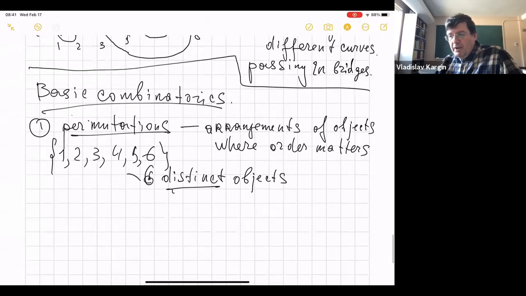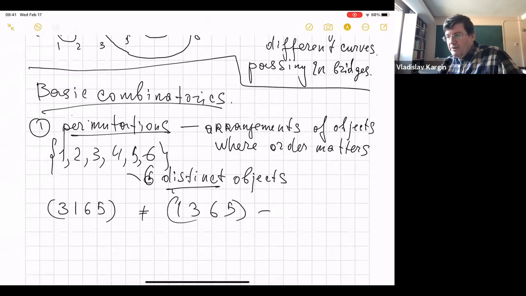Now we are looking at permutations of 4 of them. That means 3, 1, 6, 5 is not equal to 1, 3, 6, 5. So this is a permutation of 4 objects out of 6.